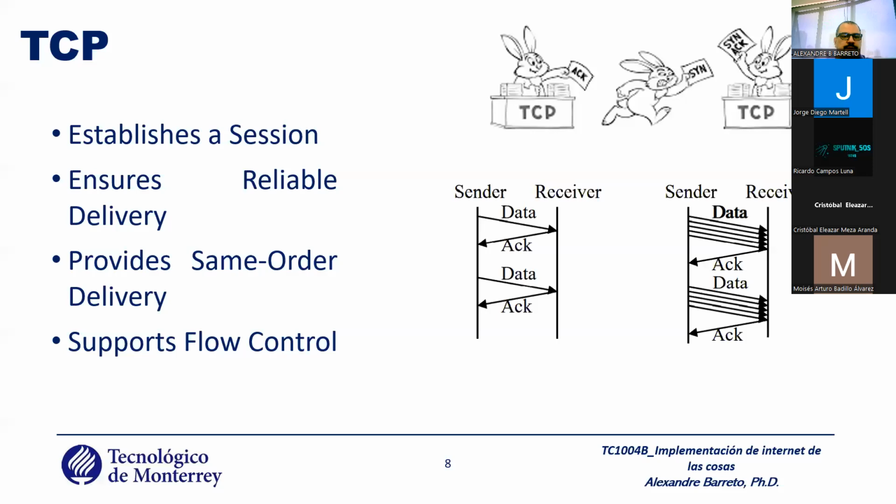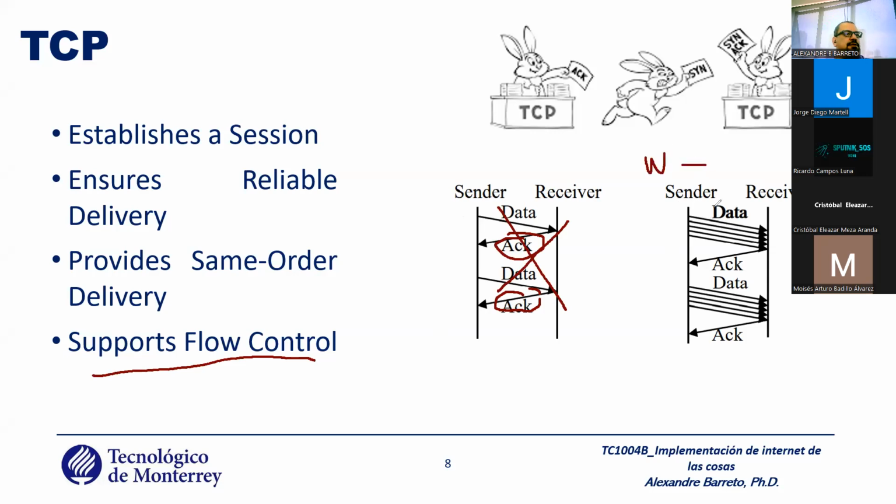The problem of this approach is that you create congestion in your channel because you need to send one ACK for each data that you send. It's a problem. To avoid the situation, you have flow control support. For example, you define a window.